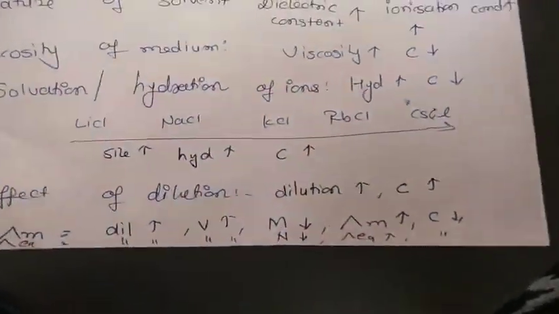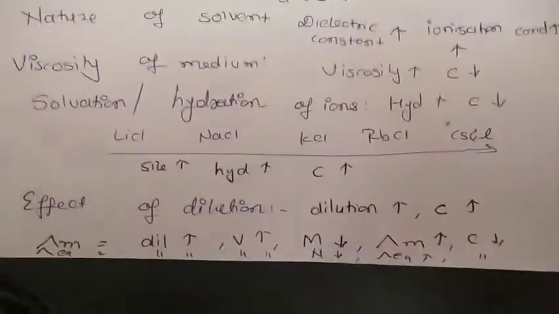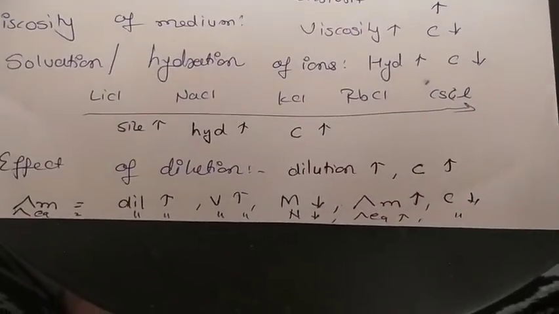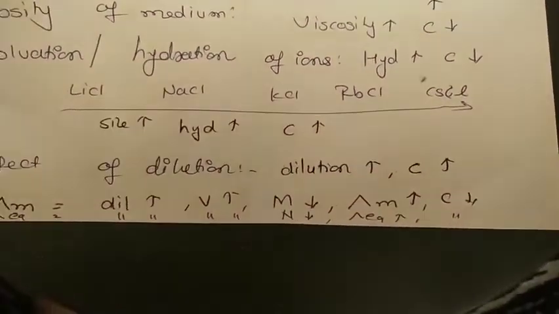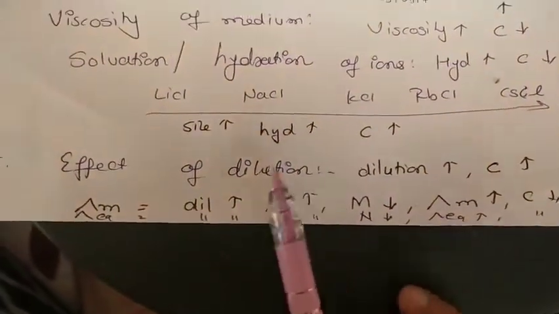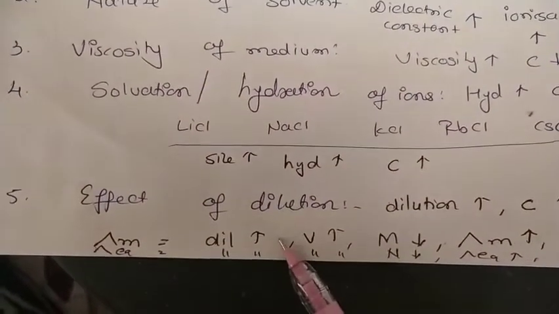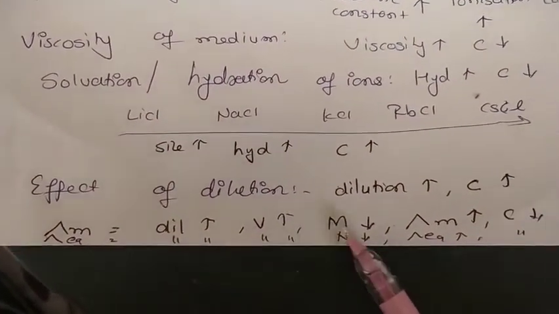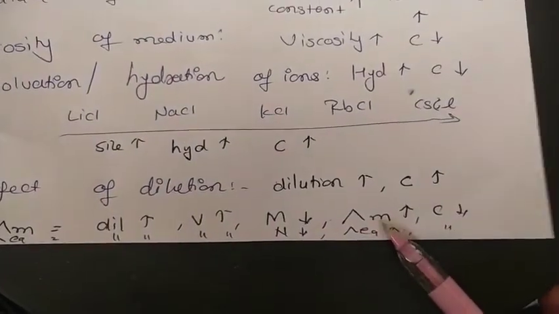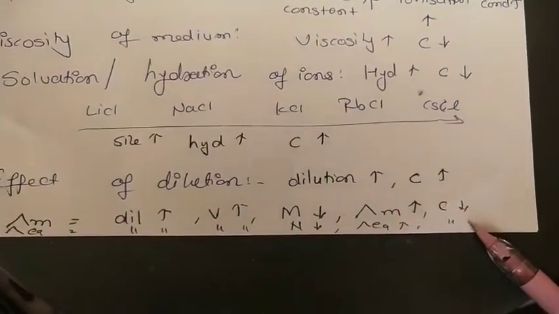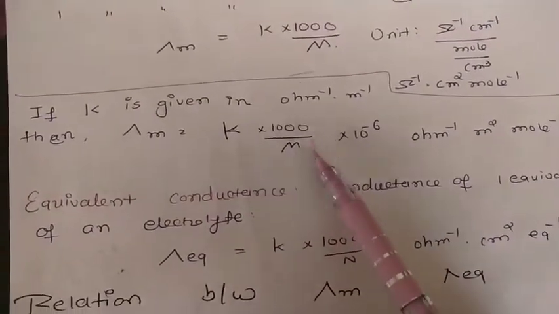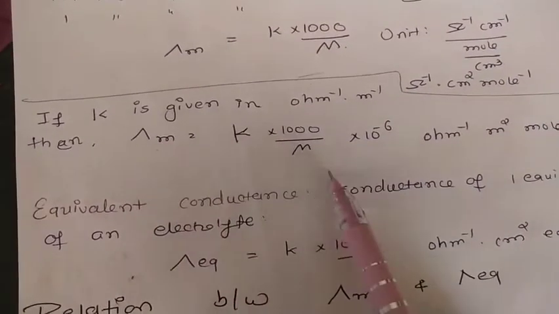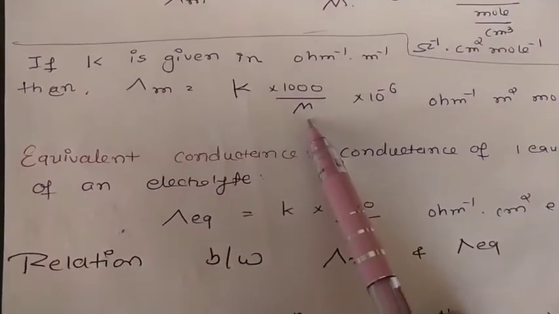Next is the effect of dilution. If we dilute the solution, ionization will be more and conductance will be more. But if we again increase dilution, then volume increases, molarity decreases, lambda m increases, and conductance decreases. Listen, we know the formula lambda m is equal to K into 1000 upon M. So lambda m has an inverse relation with molarity.